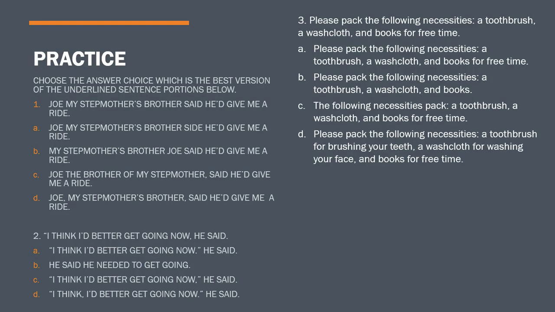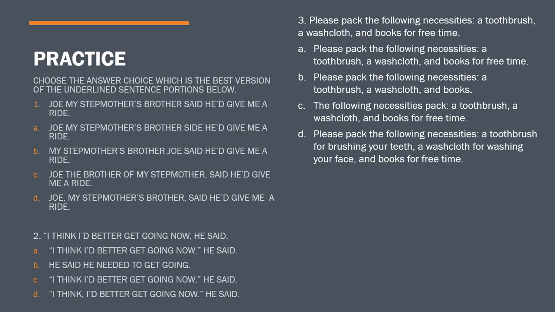All right, practice. We're going to look at some editing. Choose the answer choice which is the best version of the underlined sentence portions below. Our sentence is, Joe, my stepmother's brother, said he'd give me a ride. A: Joe, my stepmother's brother, said he'd give me a ride. B: My stepmother's brother, Joe, said he'd give me a ride.